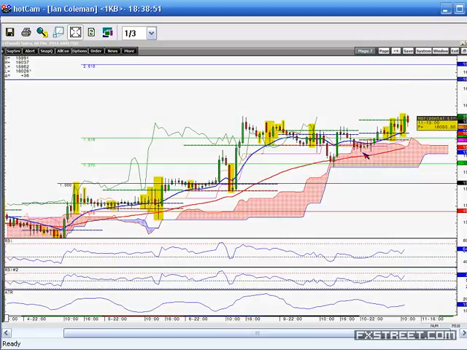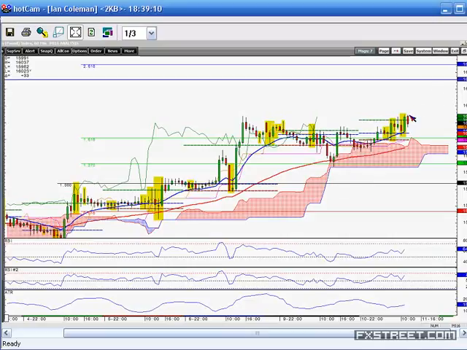Now, if this is the last leg higher, it will be choppy. Waves can overlap each other, because basically people are getting out of long positions, and smart money might be starting to build short positions.